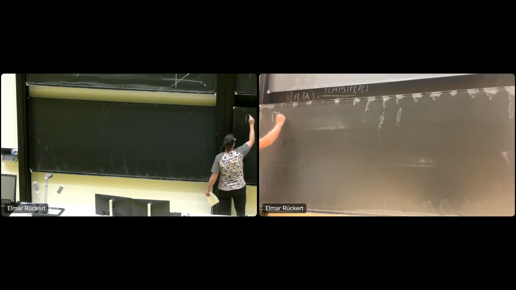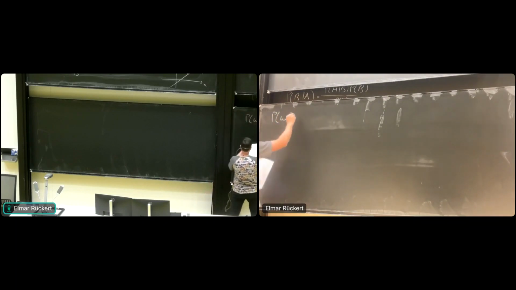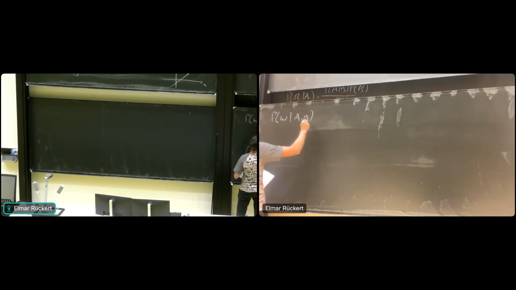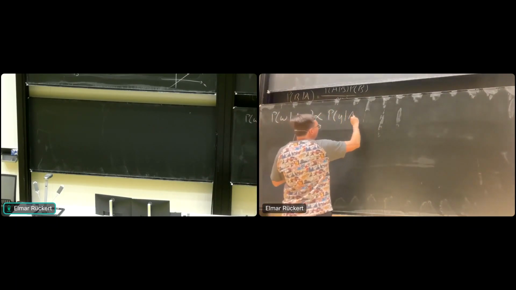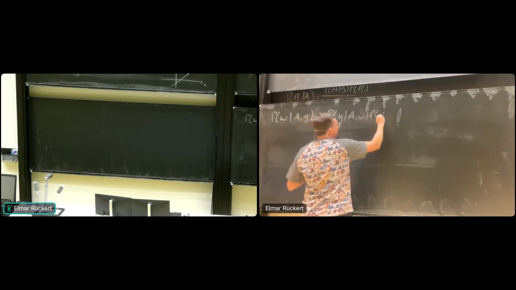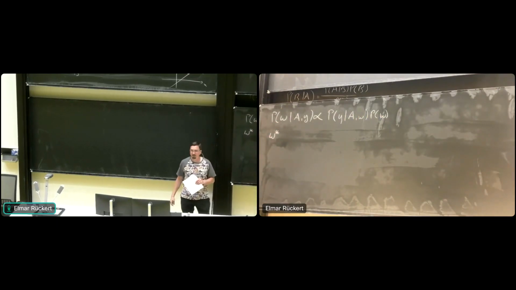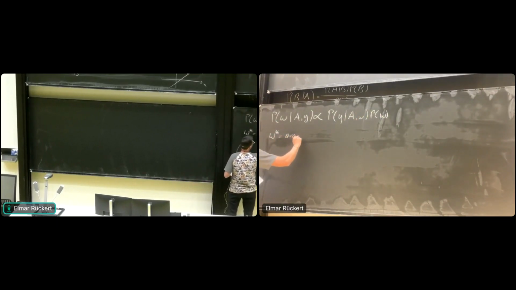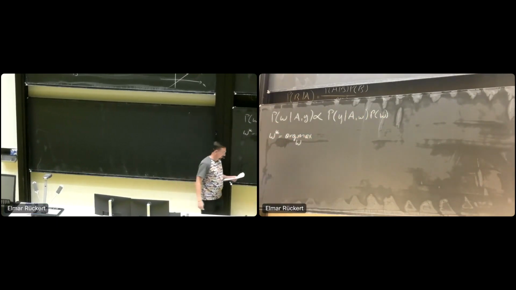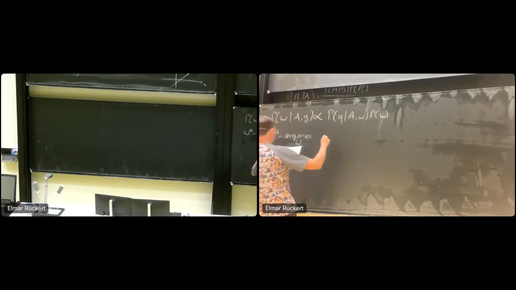So the distribution P of W given our model matrix A and our targets Y is proportional to the likelihood P of Y given A and W times the prior. Now we are interested in the optimal parameters W. Now we define this as a maximization problem using the argmax operator over all possible W's, over the log likelihood.